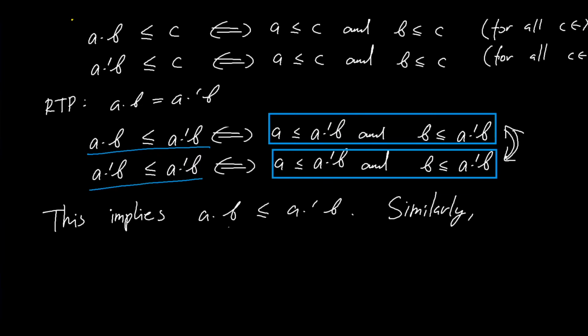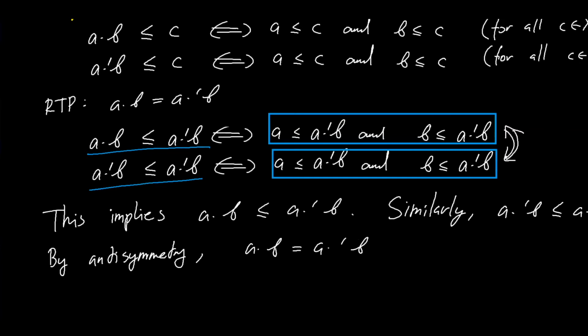No, just a moment. Look, we proved that A dot B is less or equal to A dot prime B. But in exactly the same way, we could prove that, or actually, it also follows from the same argument, basically just swapping around the two, we could prove that this is less or equal to that, right? And then by anti-symmetry, A dot B will equal A dot prime B, wouldn't it?